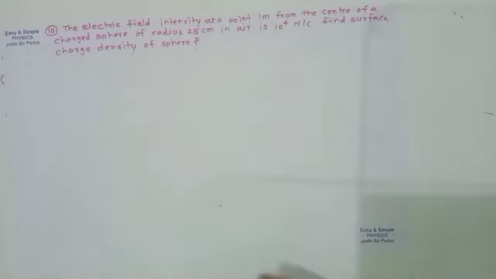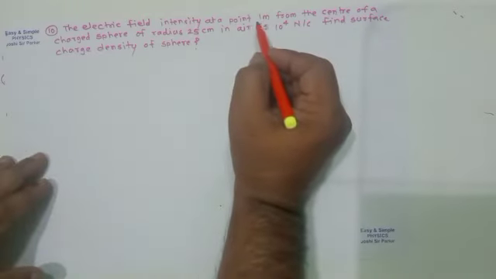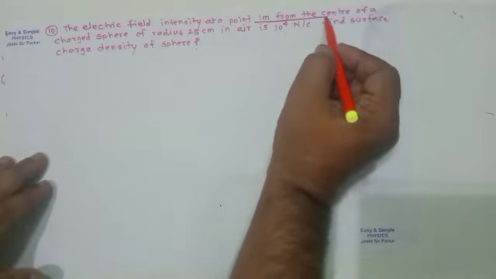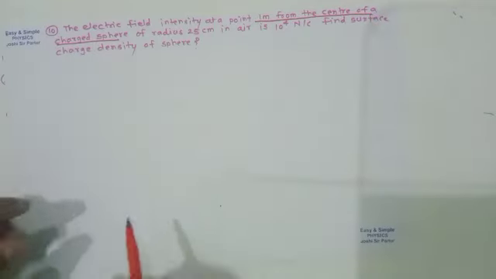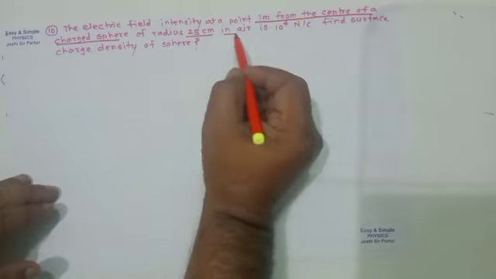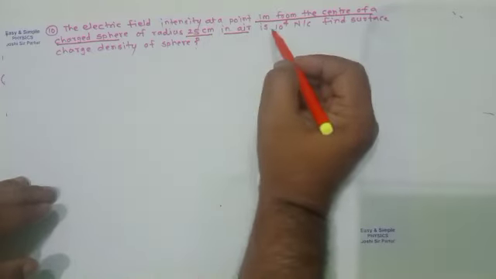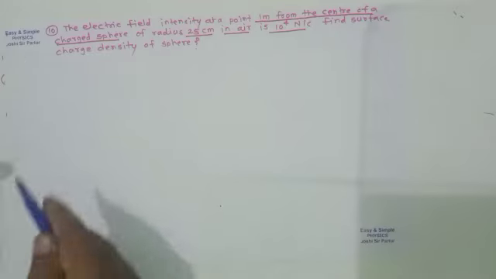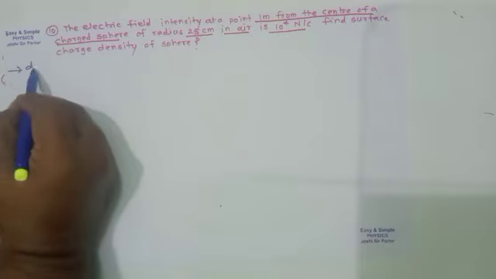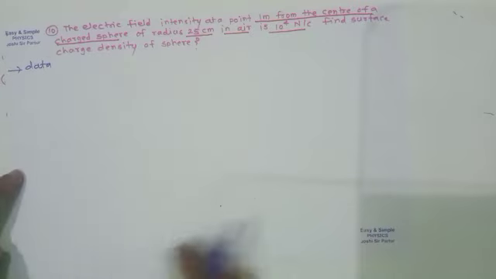Again, let us see an example: the electric field intensity at a point 1 meter from the center of a charged sphere of radius 25 centimeter in air is 10 raised to 4 Newton per coulomb. Find the surface charge density of the sphere. In such an example, we write the data.